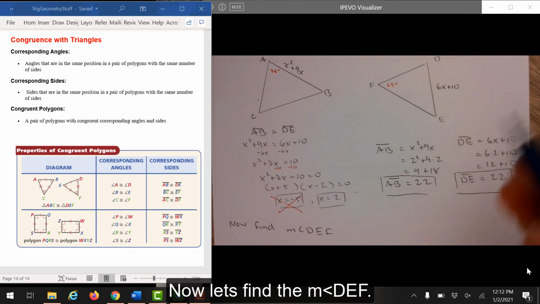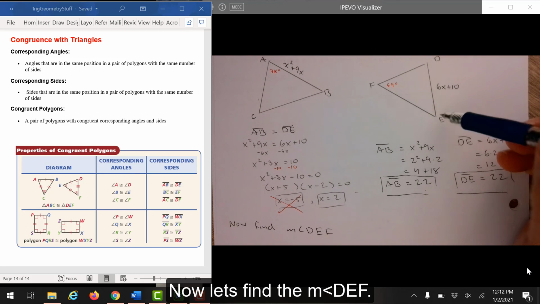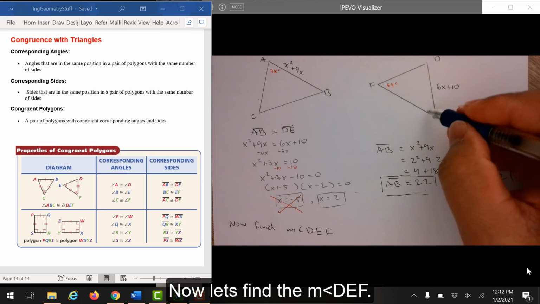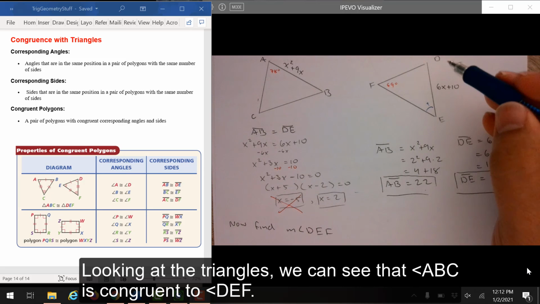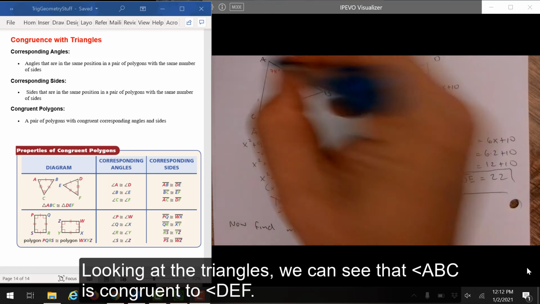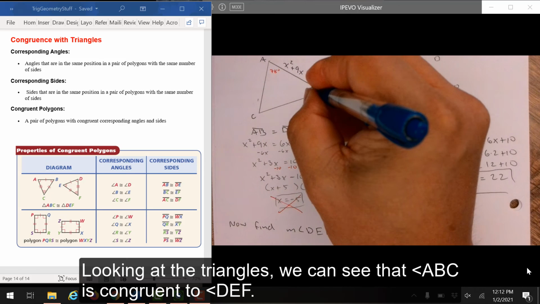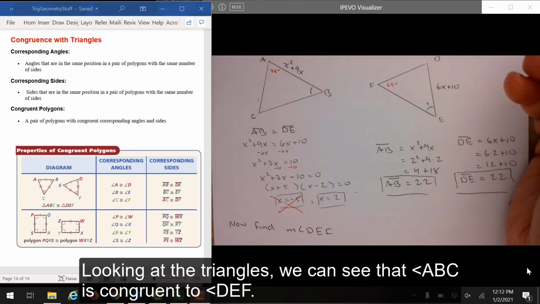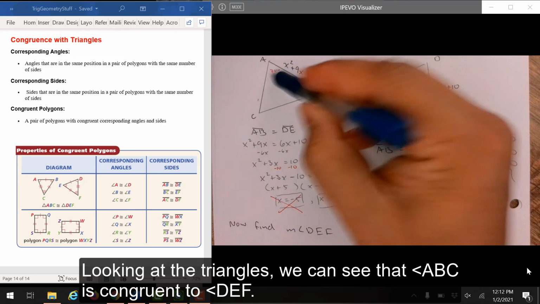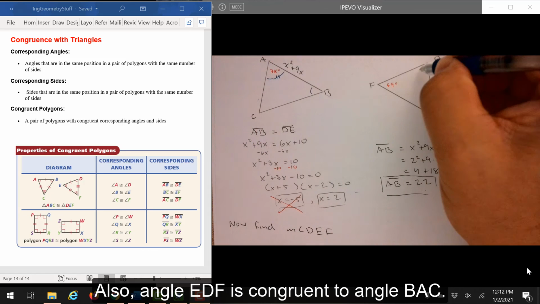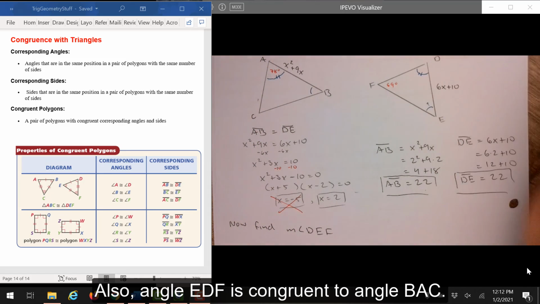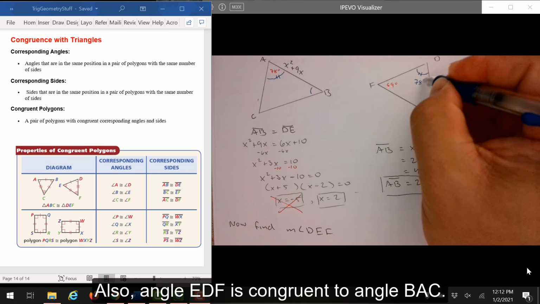Now let's find the measure of angle DEF. Looking at the triangles, we can see that angle ABC is congruent to angle DEF. Also, angle EDF is congruent to angle BAC.